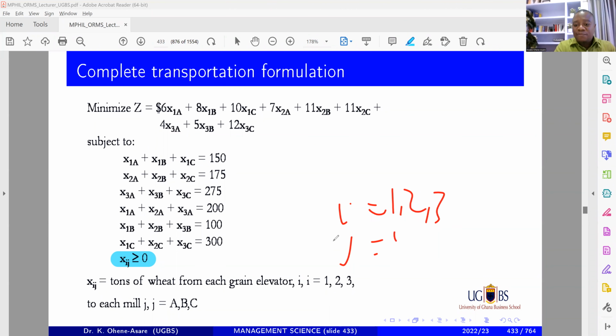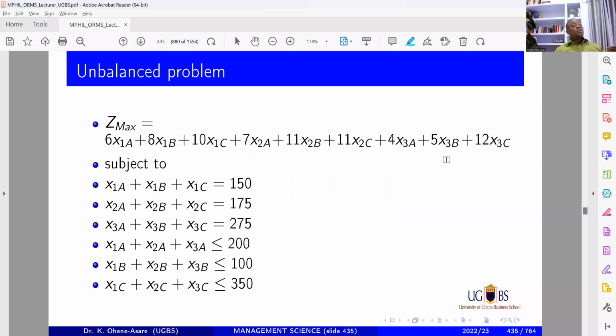The J is going to be 4, 5, and 6. And once you've done all the definitions nicely, you have now formulated the model. Finished. You will have to solve the model, but I will not bore you with solving the model in an exam situation, just like the integer program. Rather, I will solve the model.